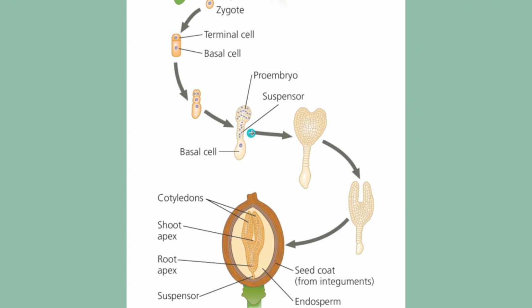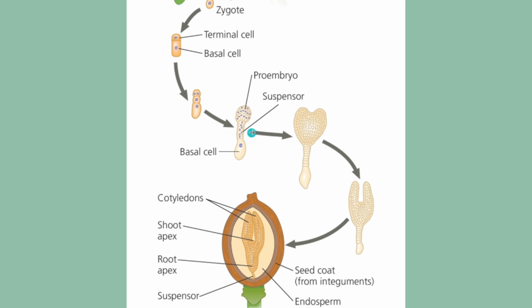You can say the suspensor is like the stem of the embryo. At the same time, the terminal cell also divides mitotically to become the proembryo that attaches to the suspensor cell.